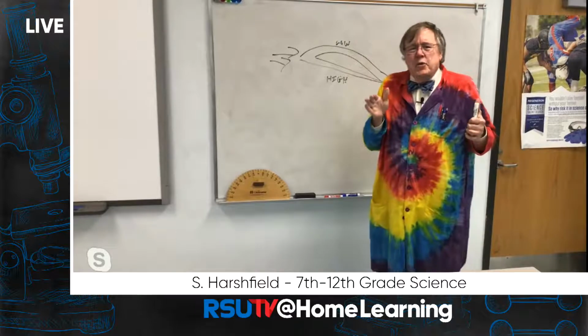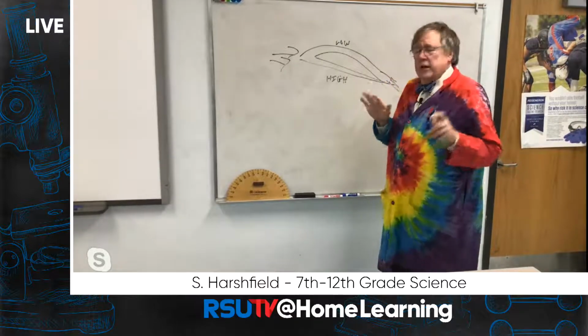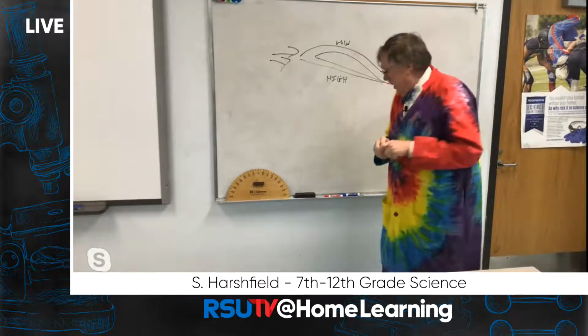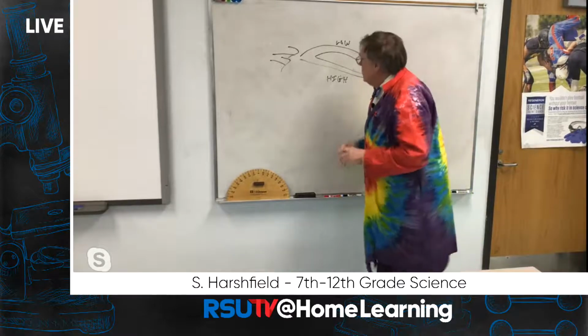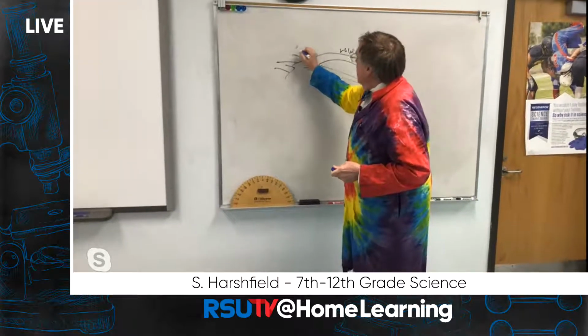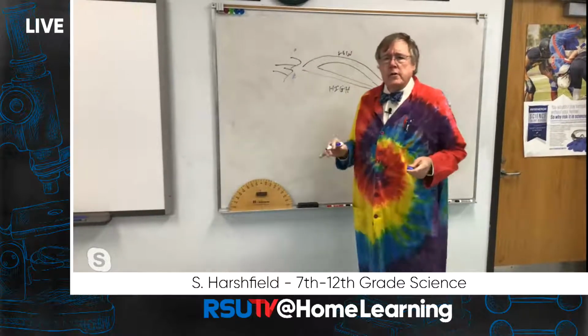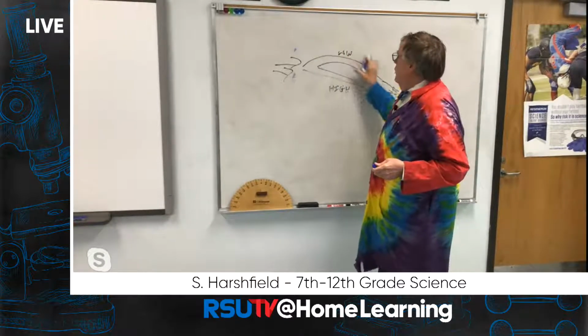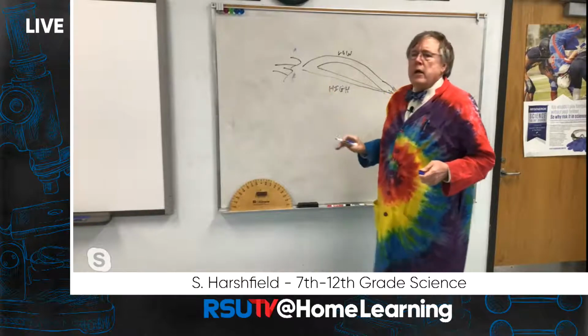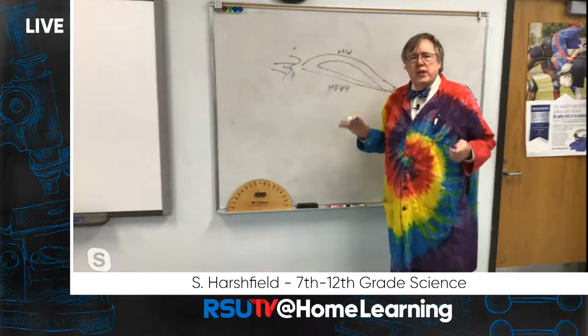A nice, easy way to think about this, and this is not correct, but it's a nice way to think about it. We have 2 particles of air here. They're friends. They're going to flow over this. One's going over the top, one's going on the bottom. Who has the farther distance to travel?